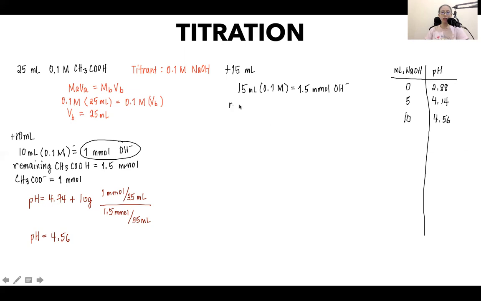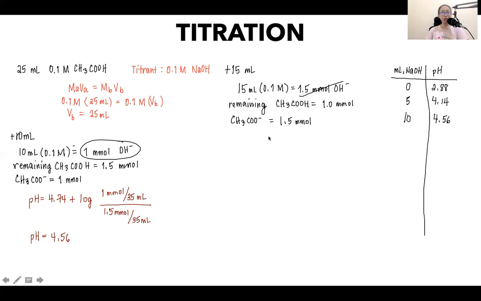So we have how much of the acetic acid left after neutralization? That's 2.5 minus 1.5. So if you guessed 1 millimole, you are right. And then after the neutralization reaction, you have 0 millimoles of hydroxide ions and you produce 1.5 millimole of acetate.